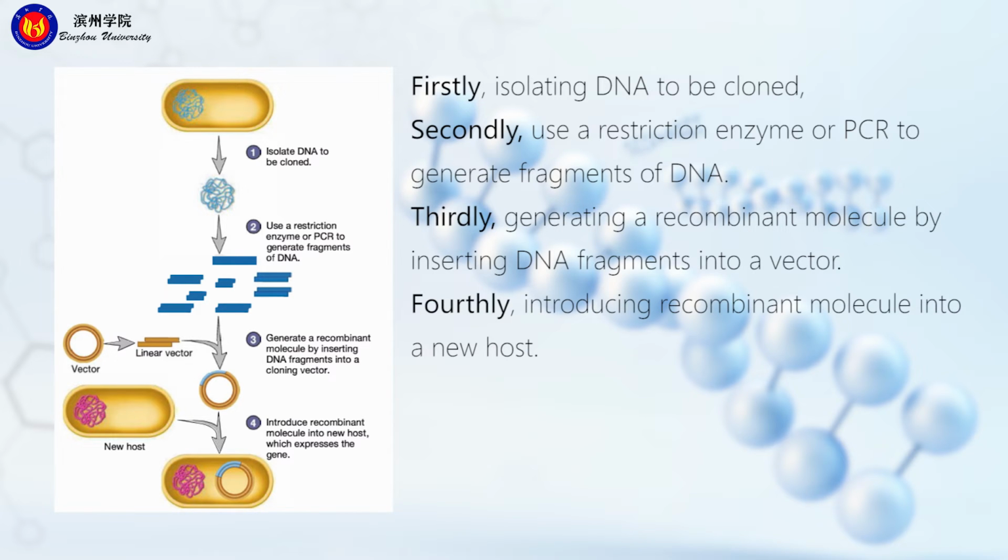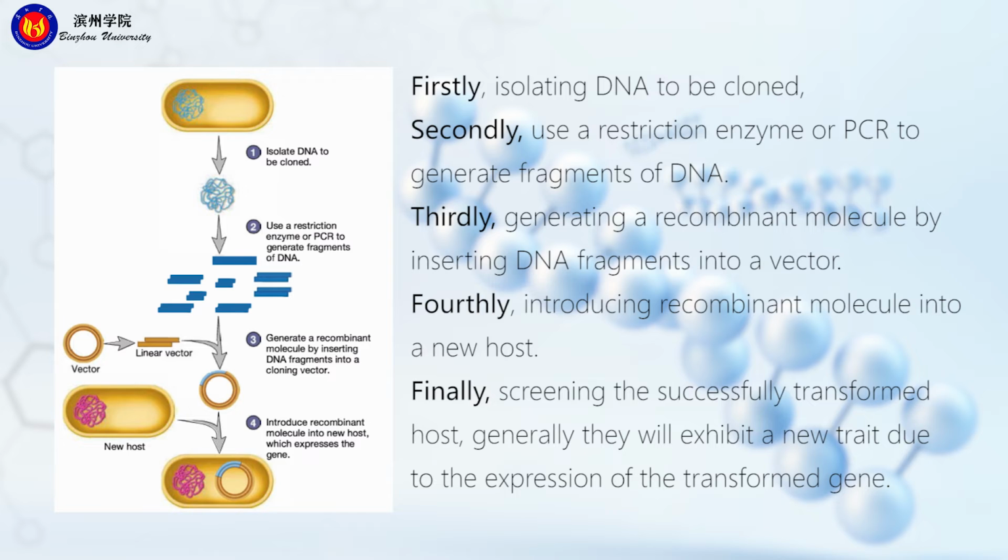And fourthly, introducing recombinant molecule into a new host. Finally, screening the successfully transformed host. Generally, they will exhibit a new trait due to the expression of the transformed gene.